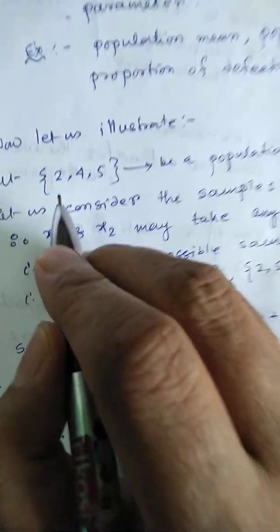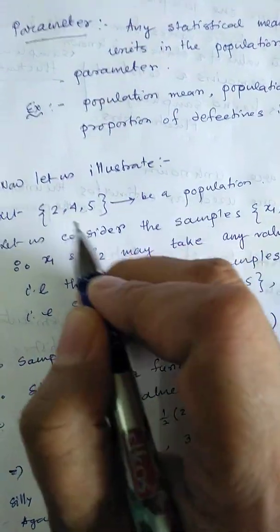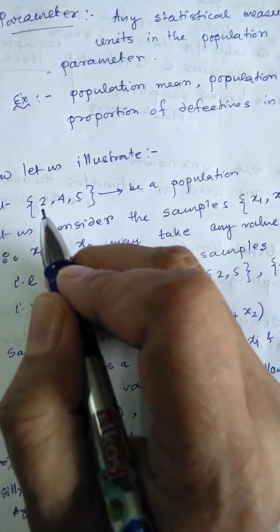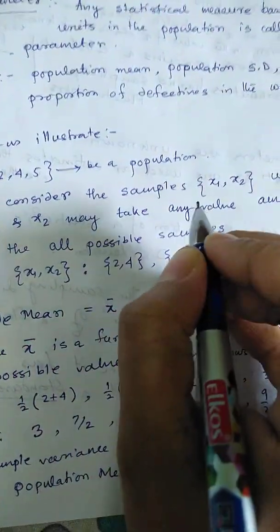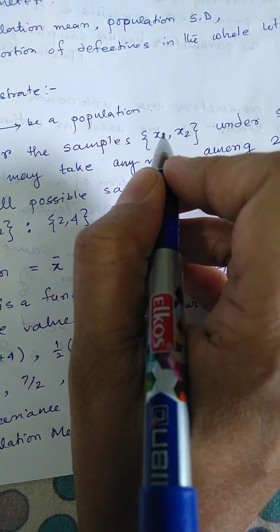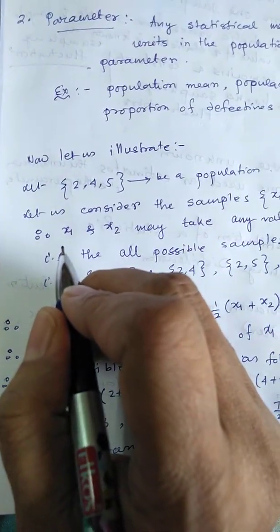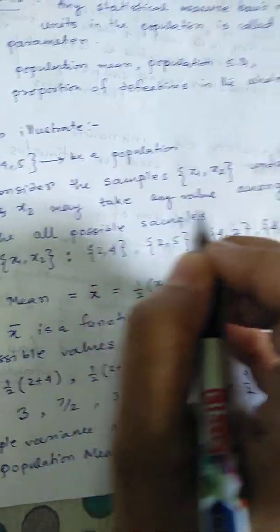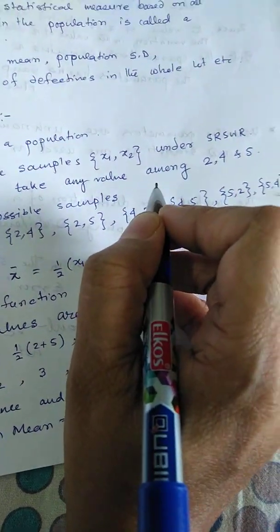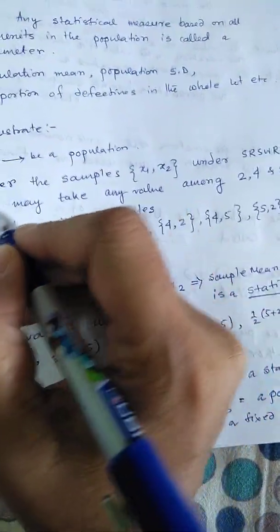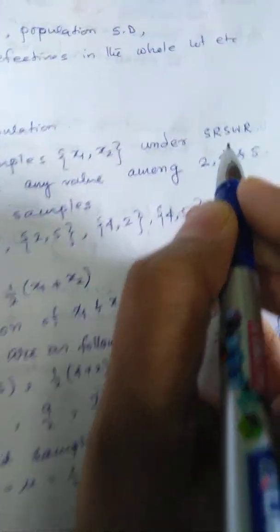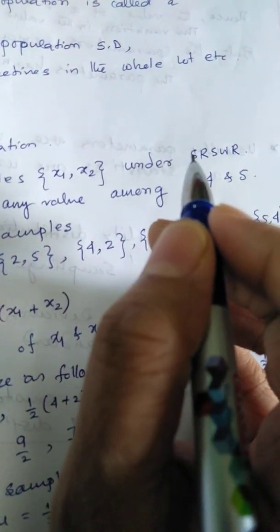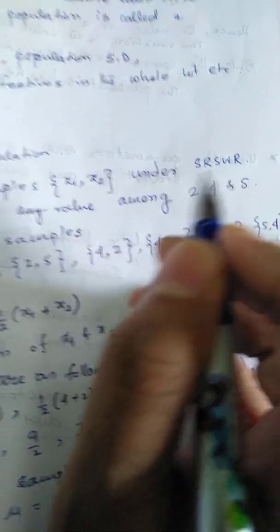Now let us illustrate the definitions. This is a population. The population has 3 units: 2, 4 and 5. Now let us consider a sample of size 2 from this population, and x1 and x2 may take any value among 2, 4, 5, because we consider the sample size of 2 under SRSWR, that is, simple random sampling with replacement.